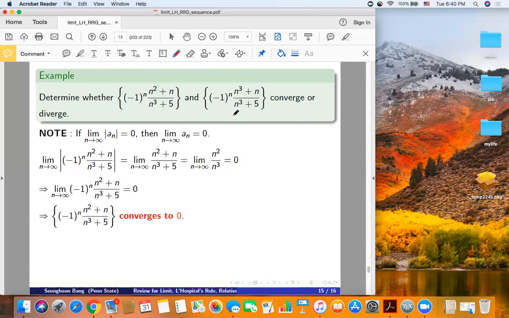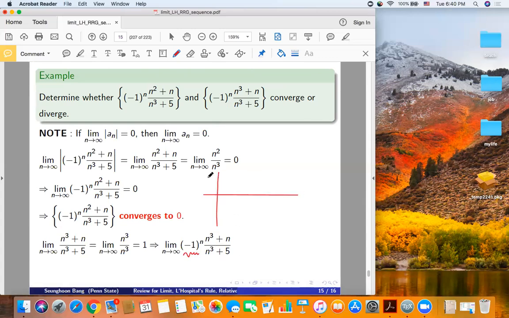And the second one. What's the second one? It diverges. Let's think about it. Here, the limit of the absolute value is 1. Ignore the lower terms, cross out and cube, and the answer is 1. Does the original approach 1? No. The original one has minus 1 to the power n. You can draw the graph.